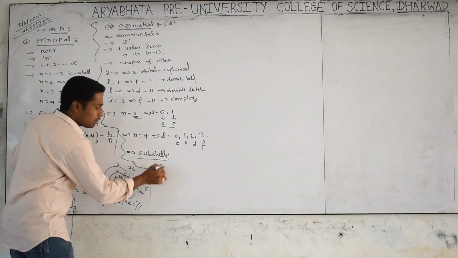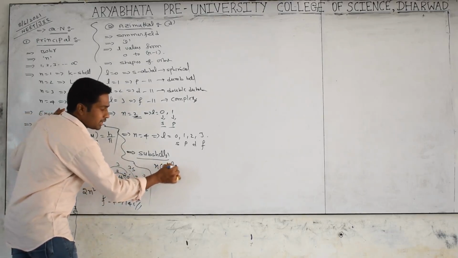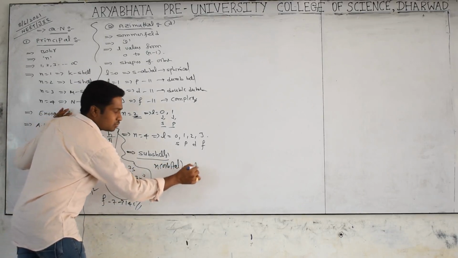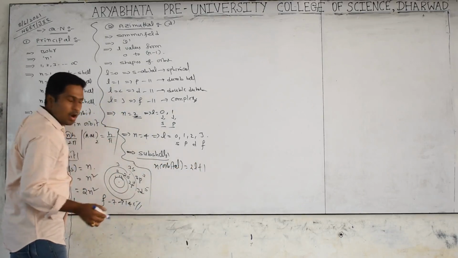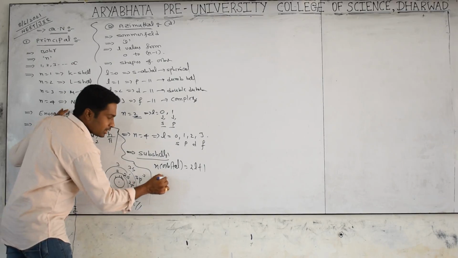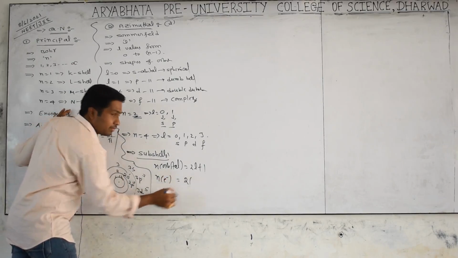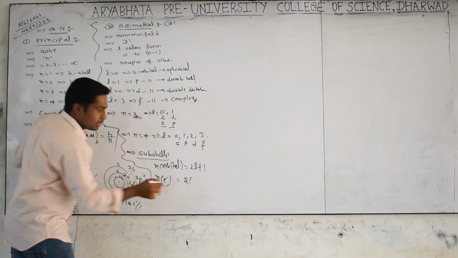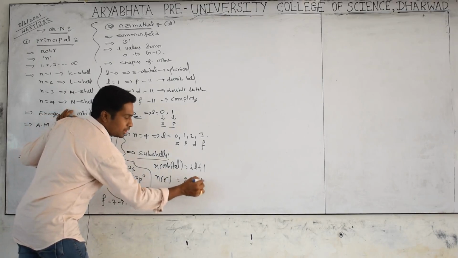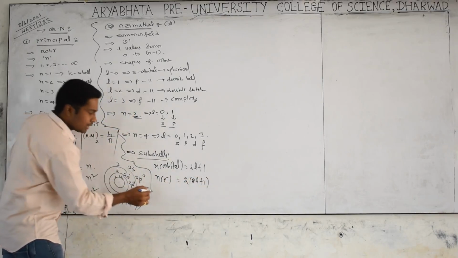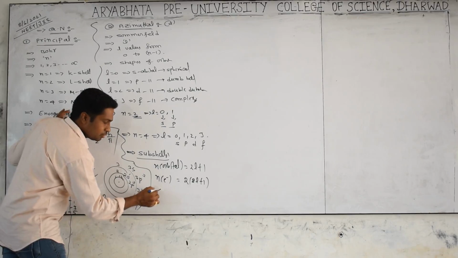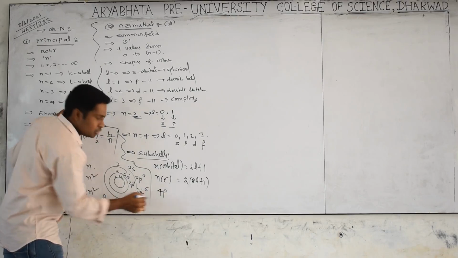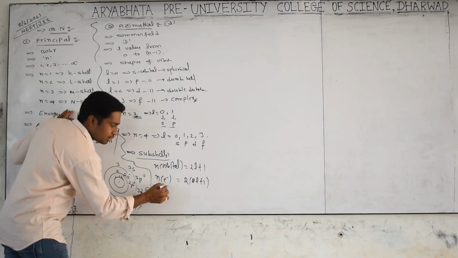So the number of orbitals in a subshell is equal to 2l plus 1. Then the number of electrons in a subshell is, since every orbital accommodates 2 electrons, 2 into (2l plus 1). I will tell you one important thing. For example, you have 4p. What is the l value for a p orbital? 1.